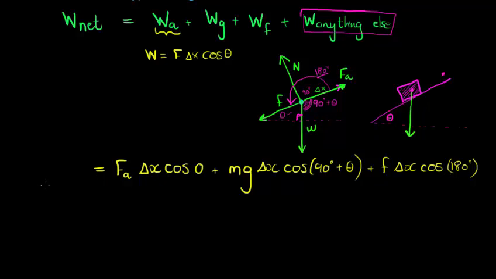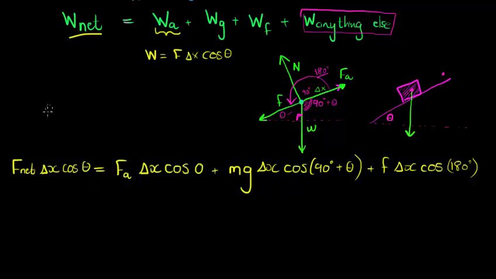Now look on the left-hand side what we have there. The net work done is the net force times delta x times cos of the angle. But the net force is always what causes the object to move. So the angle between the net force and the displacement will always be 0.